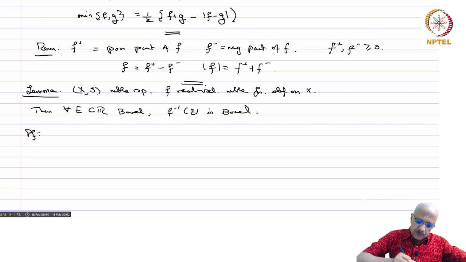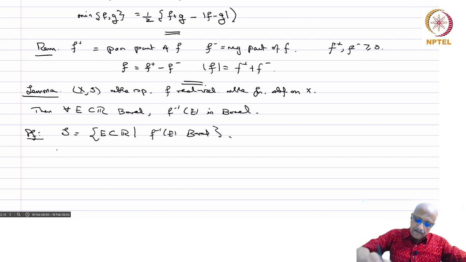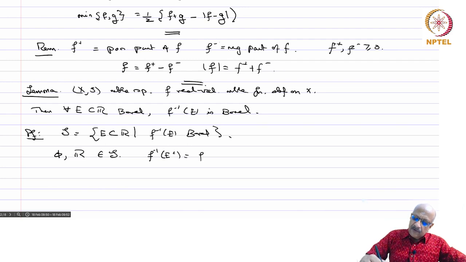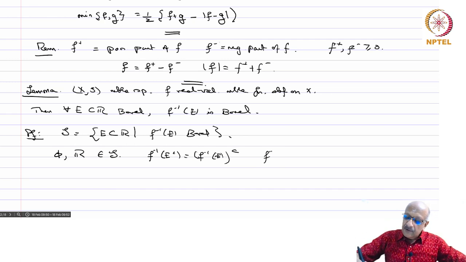So proof. Let S tilde be the set of all E in R such that f inverse E is in S. So the empty set and R belong to S tilde, and then f inverse of E complement is the complement of f inverse of E, and f inverse of union of E_i equals union of f inverse of E_i.